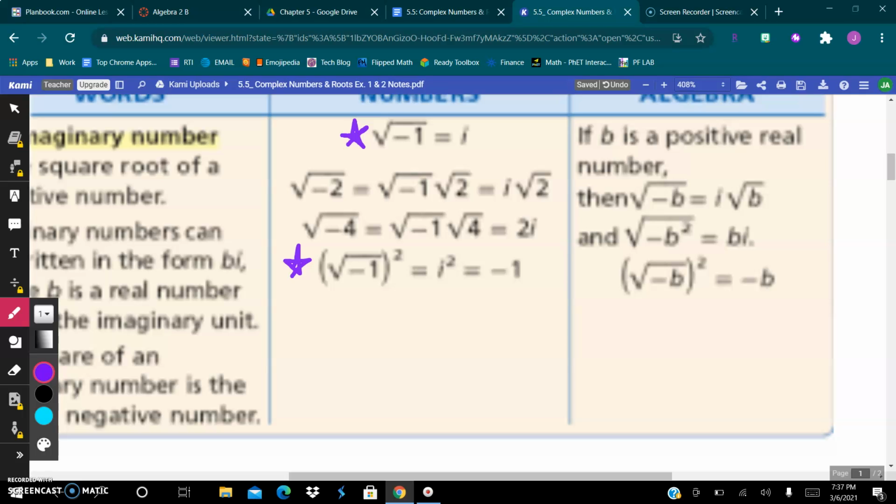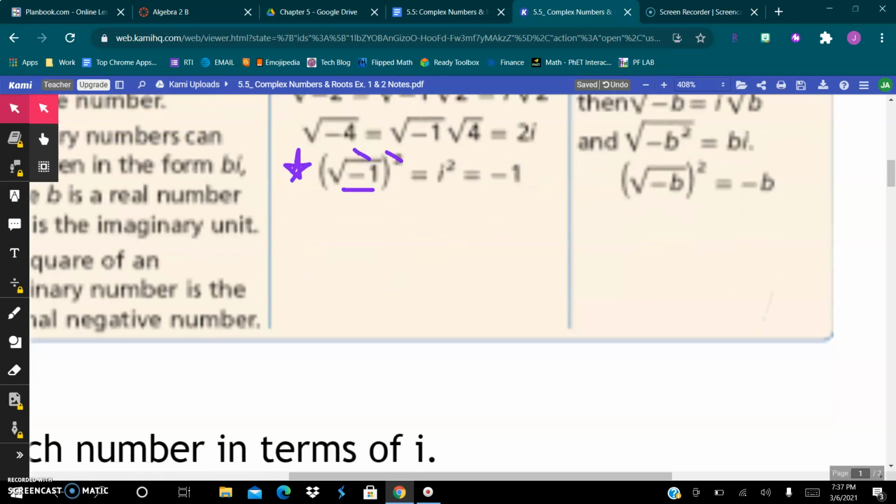Another way to explain that is a square root and a square, that exponent, cancel each other out. So this is gone and this is gone, and we're left with that negative 1. That might be a little easier to understand as well. And then, over on the right-hand side, we have the algebra with the variables. Same thing as in the middle, but only using variables, so we can't simplify down as much.